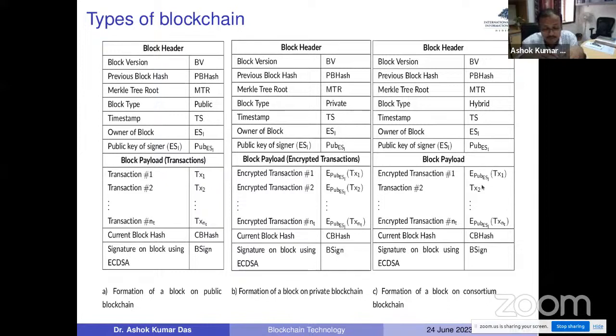Then we compute the hash of all these values to compute the current block hash, CB hash. Once we have the current block hash, we can create the digital signature on the block using the elliptic curve digital signature algorithm. So this is a typical example: having your transactions, how to create a public block, how to create a private blockchain block, and how to create a consortium or hybrid block in the consortium blockchains.